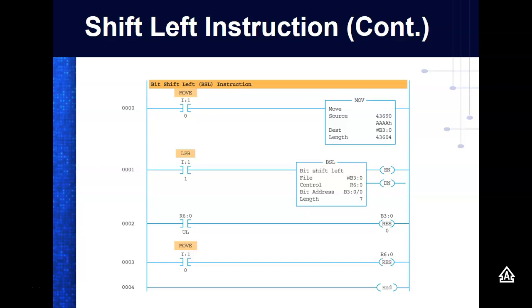Which the reset is going to reset it back to what? 0. So we're going to start off moving A into the, so let's put this one in there and let's actually see it work.